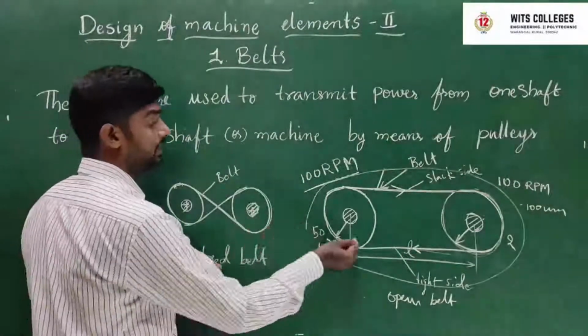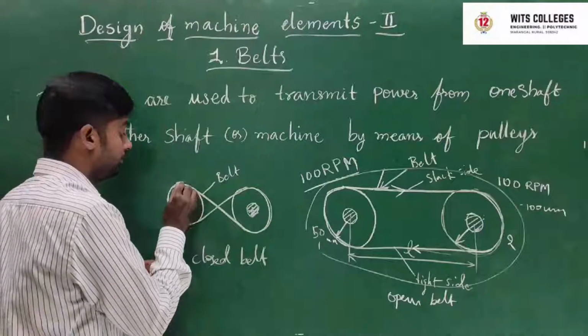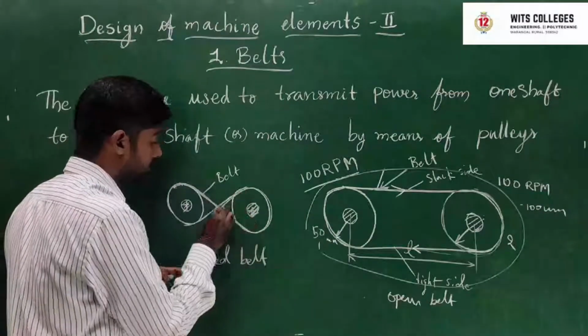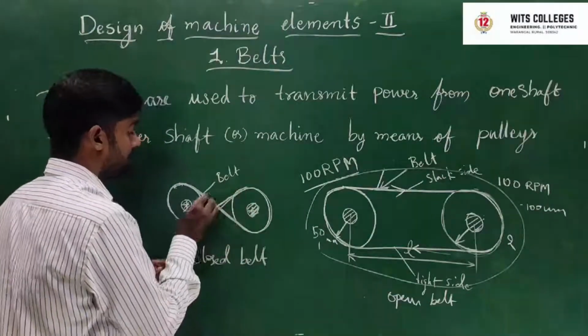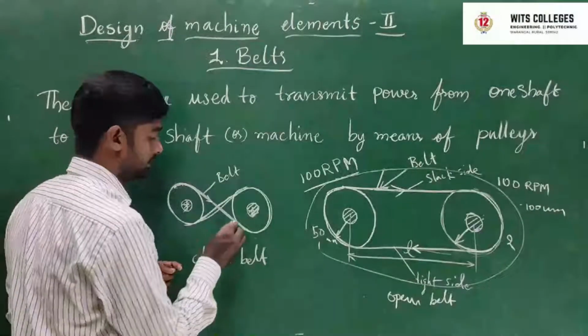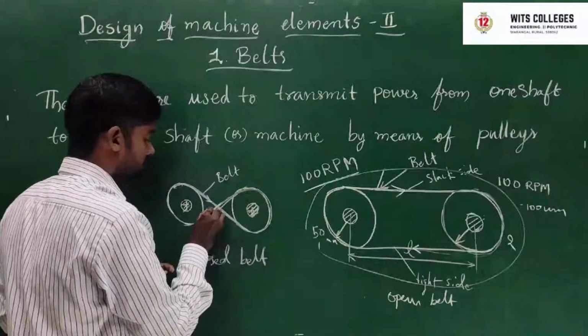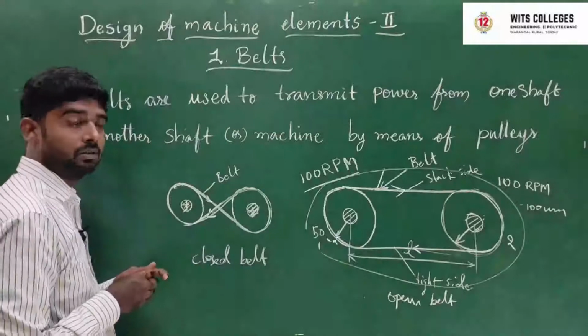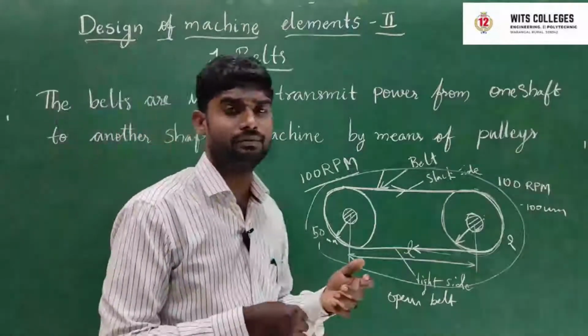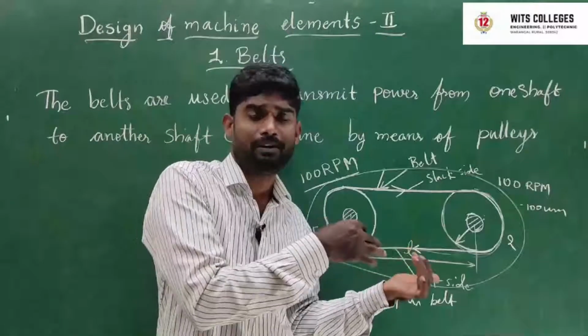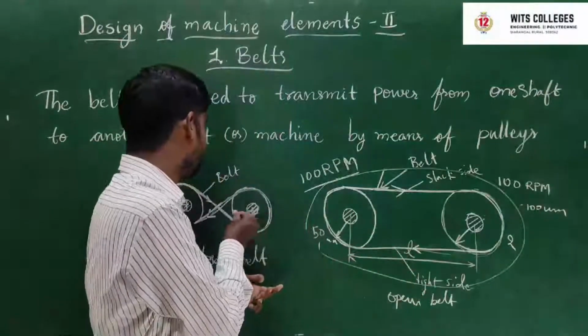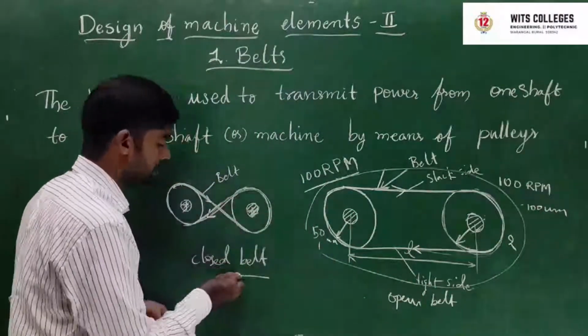What is the difference between these two belts? In the closed belt the belt crosses over itself. If this one is in clockwise direction, then the other is in the opposite direction. If you want opposite direction of power transmission, you can use a closed belt.